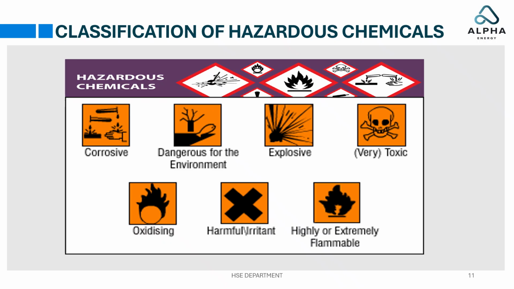These symbols visually communicate the dangers associated with substances, and are used to identify various types of chemical hazards, including corrosive, indicating damage to living tissue or materials; dangerous for the environment, harmful to ecosystems; explosive, potential for rapid expansion with release of energy; very toxic, poisonous and harmful upon exposure; oxidizing, contributes to the combustion of other materials; harmful/irritant, causing less severe but still concerning health effects; and highly or extremely flammable, easily ignites and burns rapidly.